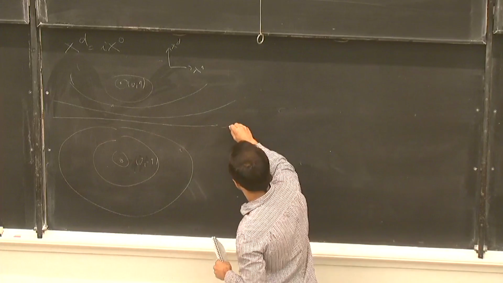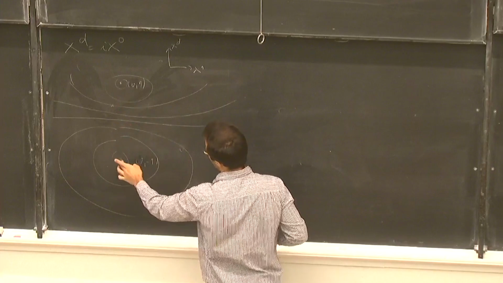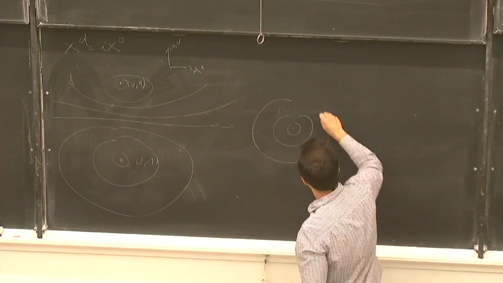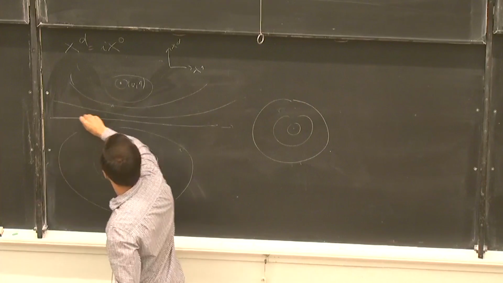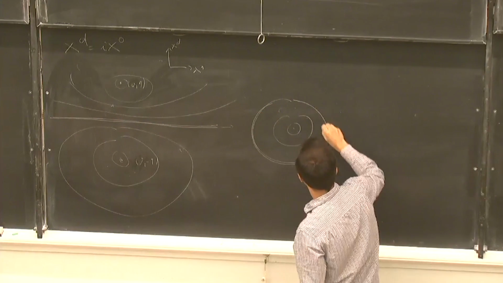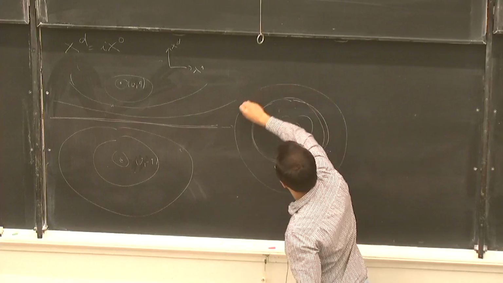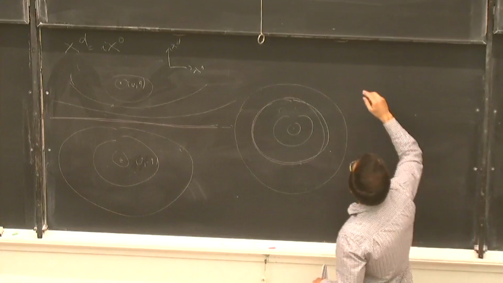And now it is convenient to make a conformal transformation where you map this point to infinity and this point to the origin, where they just become concentric spheres. And the 0 time slice becomes the unit sphere. So the Hilbert space now lives on the unit sphere. And this is why radial quantization is useful.